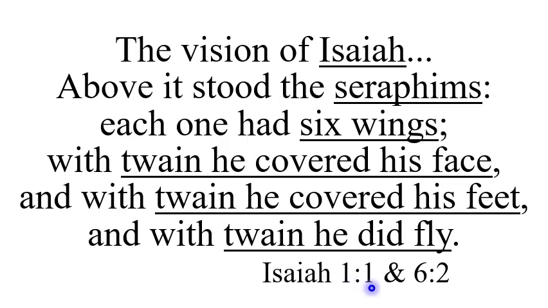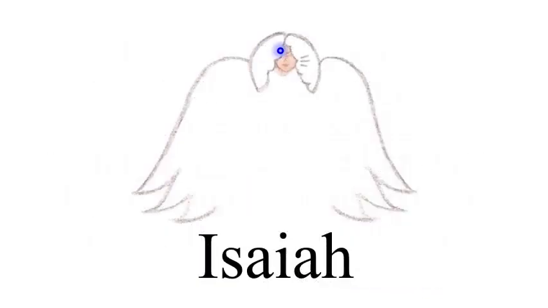Isaiah 1:1 and 6:2. The angel is drawn covering his eyes, because eyes and Isaiah start with the long I sound. For the middle part, voice lines are drawn for the I sound.